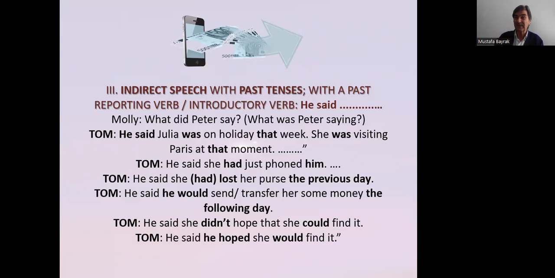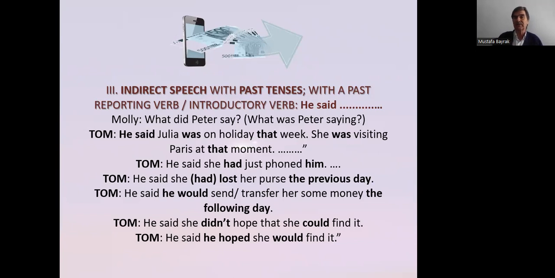Okay? Yes, originally Peter said she is visiting, but here in the real reported speech or indirect speech with a past introductory verb, it becomes was. She was visiting Paris at that moment.